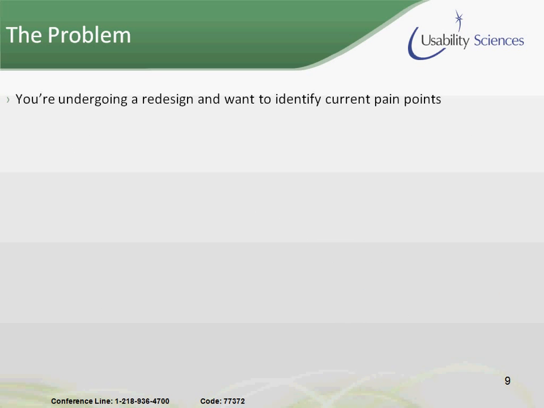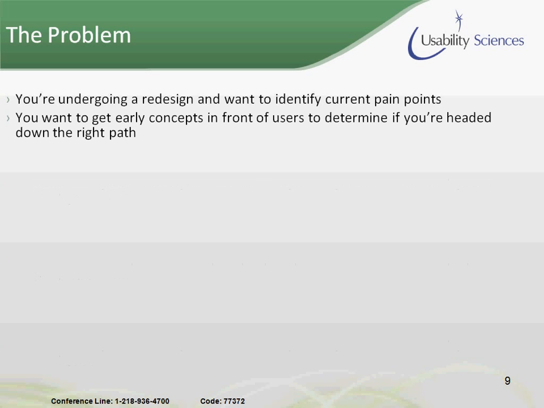So maybe you're undergoing a redesign and you want to identify current pain points of maybe your website, of your product, of your piece of software, whatever it might be. Let's say that you want to get early concepts in front of users to determine if you're headed down the right path.